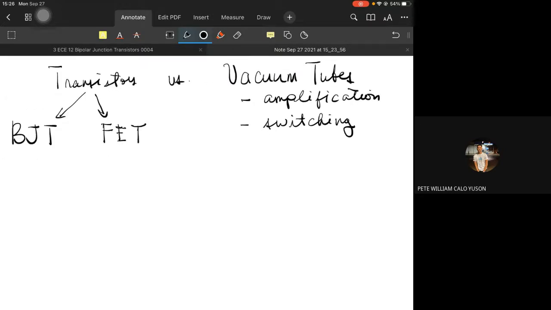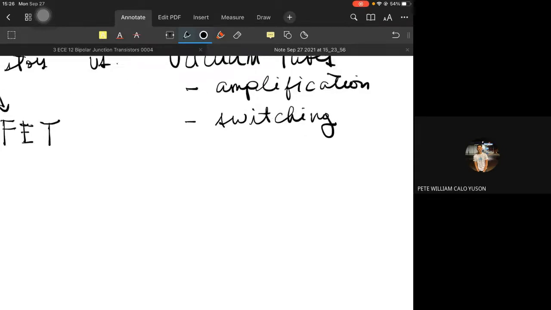So one of the main disadvantages of vacuum tubes as compared to transistors is that vacuum tubes are very bulky. And they're power inefficient.